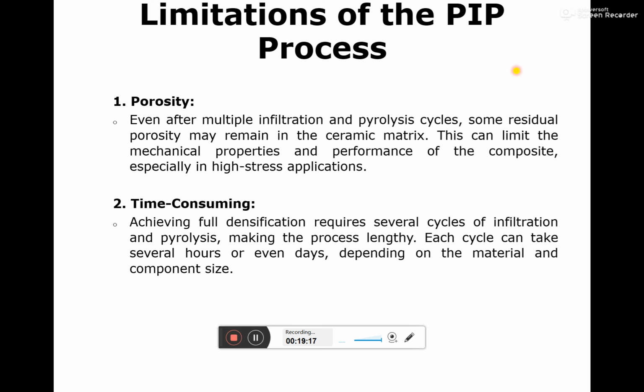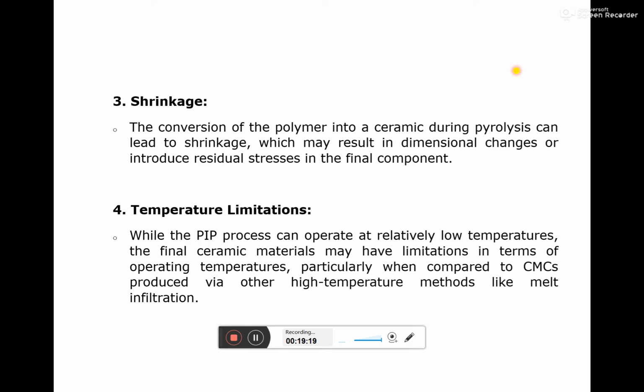That is the limitation. And you've already seen the conversion of polymer into ceramic during the pyrolysis process. While in pyrolysis we are heating to higher temperatures, due to that it may undergo some shrinkage. That is a disadvantage related to this process. And then temperature limitations.